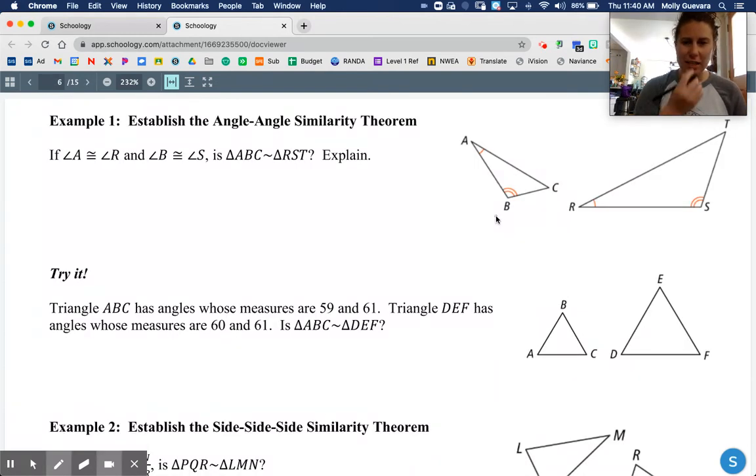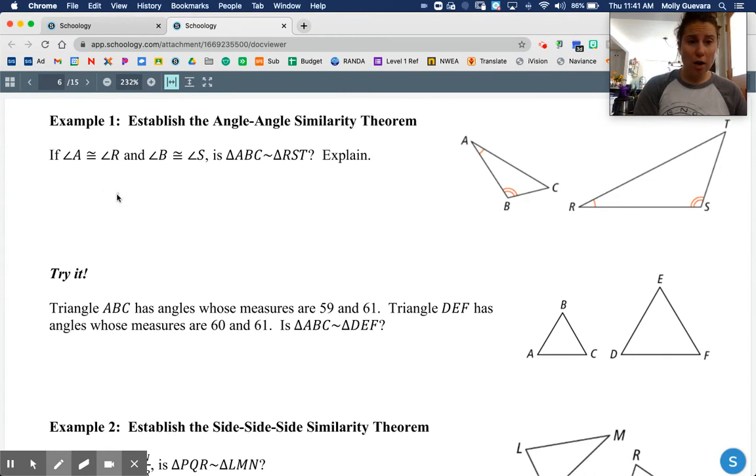Alrighty, so let's look here at example 1. This says if angle A is congruent to angle R and angle B is congruent to angle S, is triangle ABC similar to triangle RST? And it says explain.